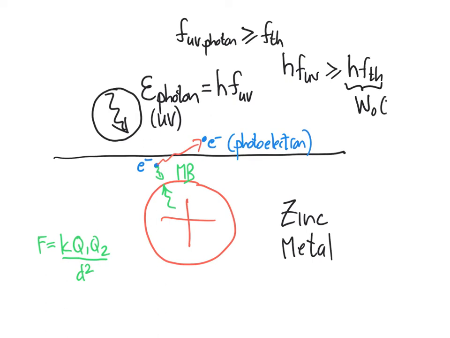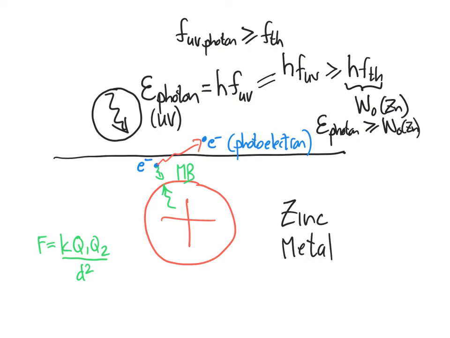So in this case, this is the work function of the zinc. And this is just the energy of the photon. So the energy of the photon is greater than or equal to the work function of the zinc.